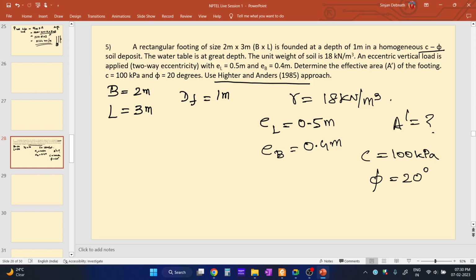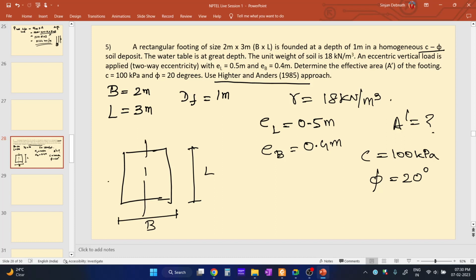So first of all, let me draw this. Suppose this is the plan, the top view of the footing. This one is the center line. The load is acting over here. This one is the eccentricity along B, EB, and this one is the eccentricity along length, EL.